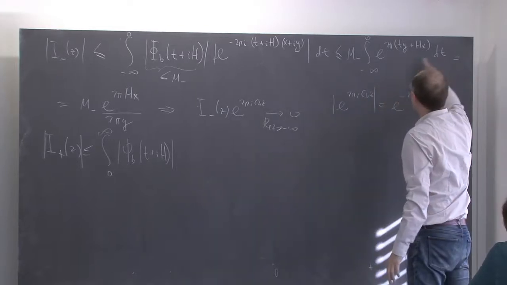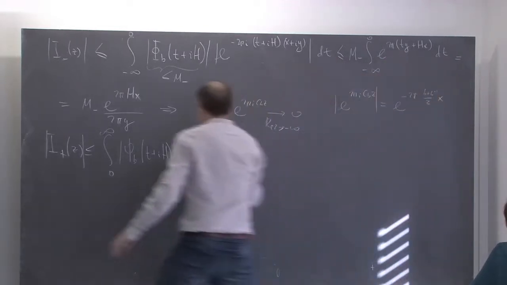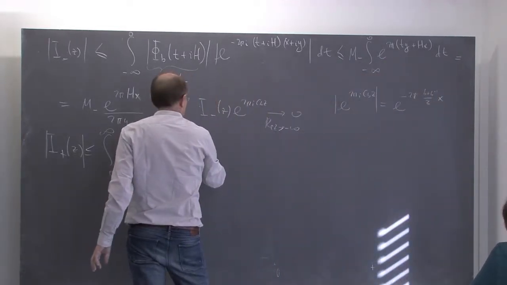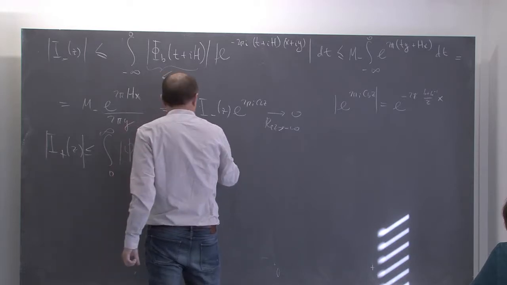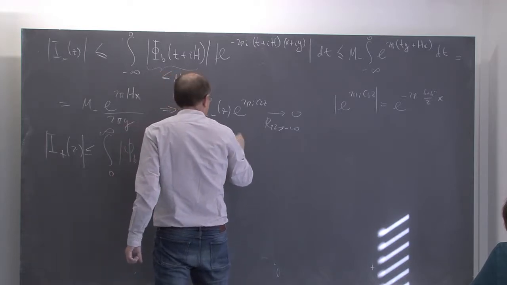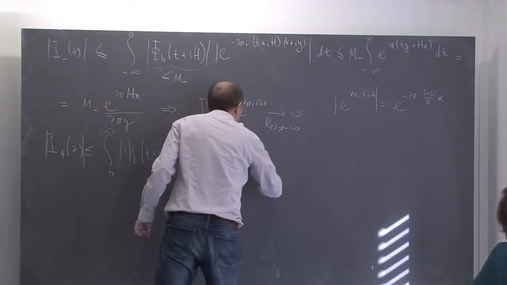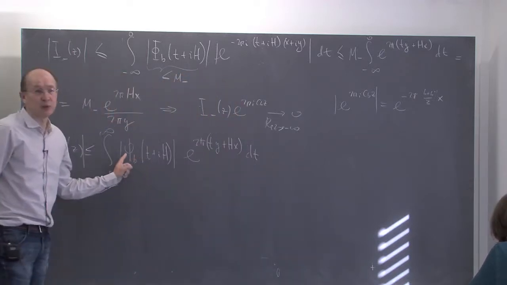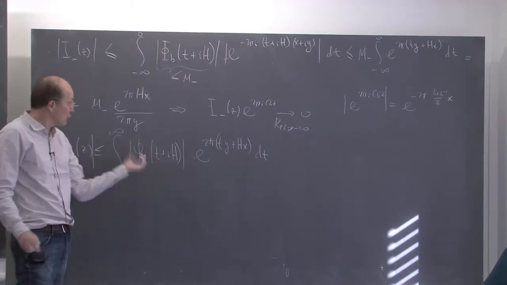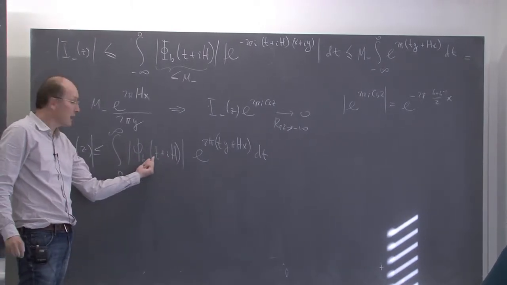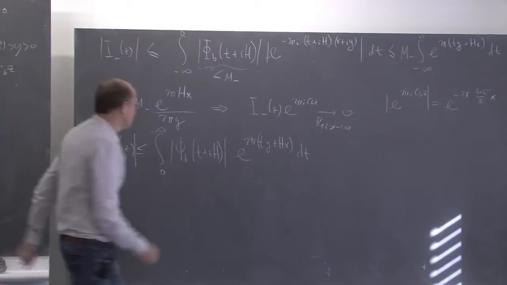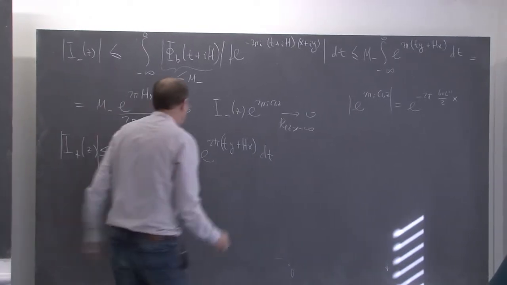So we still have the same exponential here, e to the 2 pi (t y plus hx), dt. But this time we have to use the inversion relation to put negative t in order to use the boundedness property for phi.